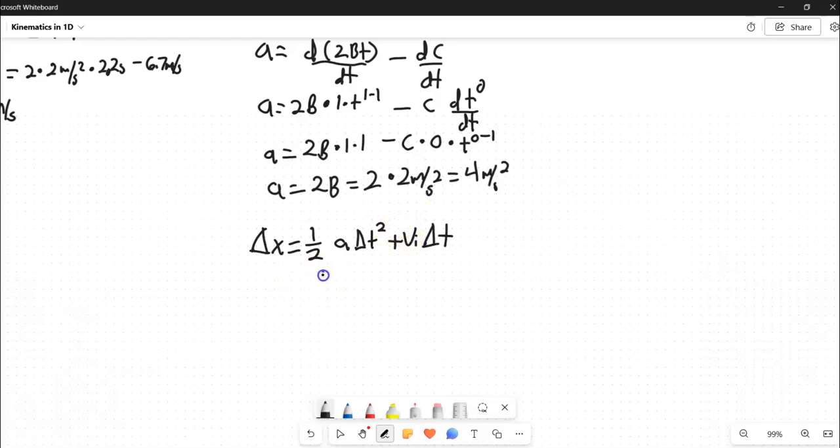So this is b, and this is going to be c, right? So if b is equal to 1/2 times the acceleration, then 2 times b has got to be equal to the acceleration. That's another way of doing this without actually doing derivatives in calculus. All right? And where c is just equal to the initial velocity.